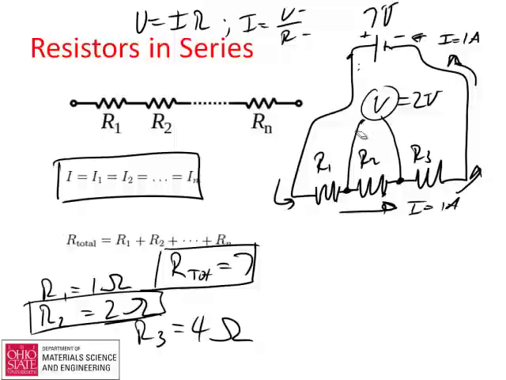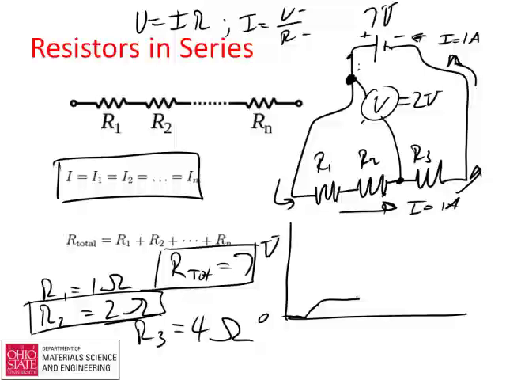So if I take one part of my voltmeter, clip it there, and then imagine the other part could clip somewhere along the circuit, the voltage I would measure as I go across would go from 0. As I pass R1, it would go to 1 volt. As I pass R2, it would be 1 plus 2 more, so up to 3.